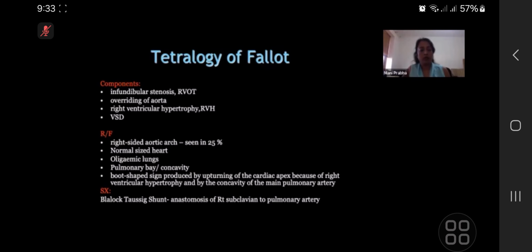Pulmonary bay or concavity is seen, and the boot-shaped sign is produced by upturning of the cardiac apex because of right ventricular hypertrophy and by concavity of the main pulmonary artery. Surgery in such cases is the Blalock-Taussig shunt, which involves anastomosis of the right subclavian artery to the pulmonary artery.